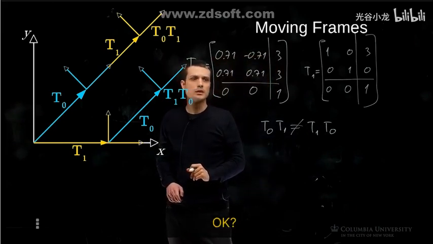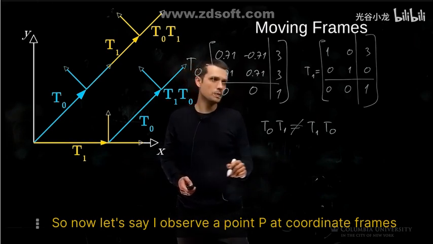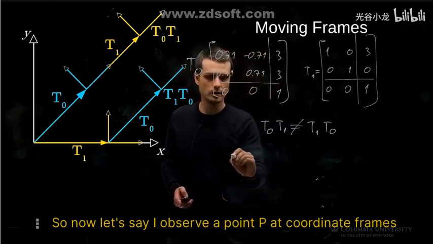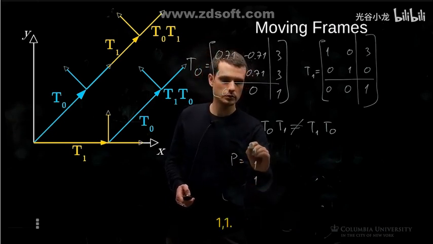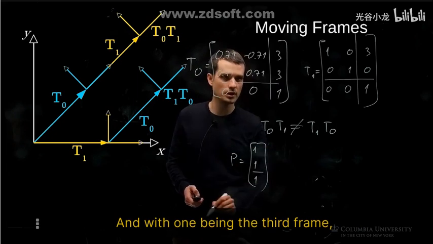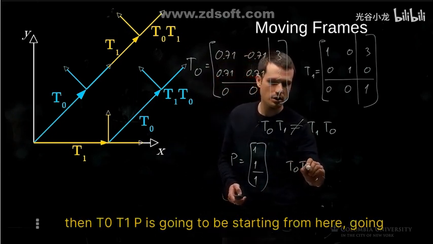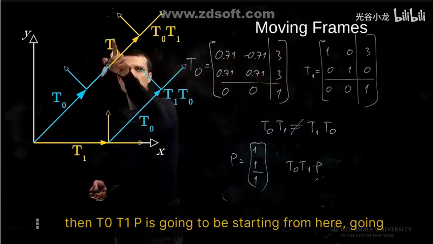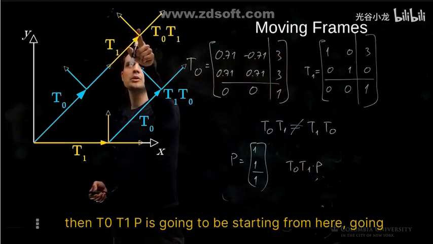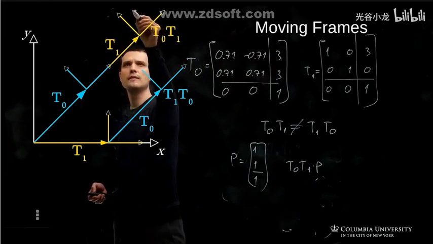Okay? So now, let's say I observe a point P at coordinate frame 1, 1, with 1 being the third frame. Then T0, T1, P is going to be starting from here, going to coordinate frame 1, 1, so somewhere here maybe.